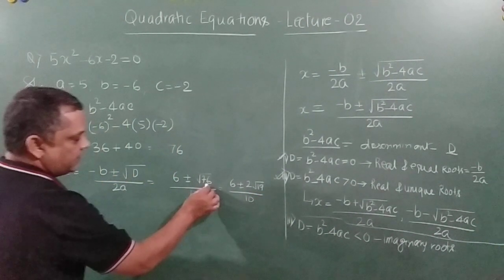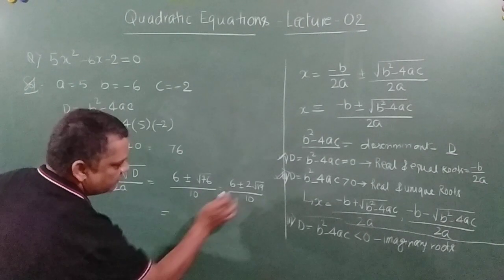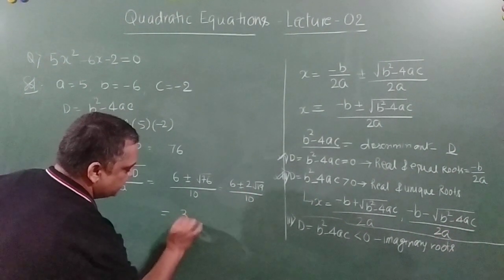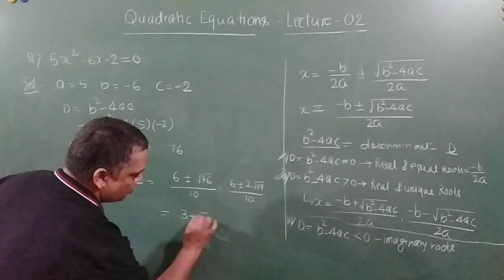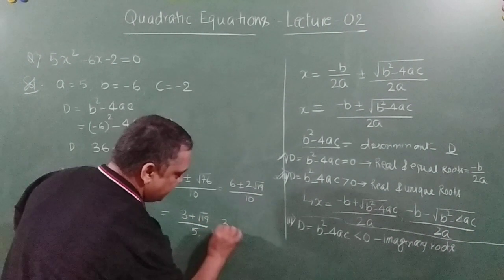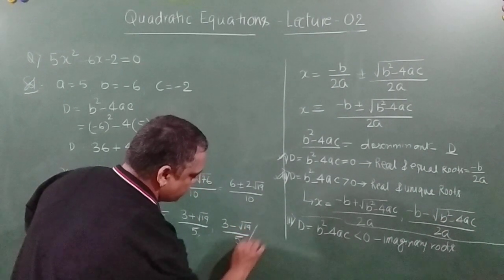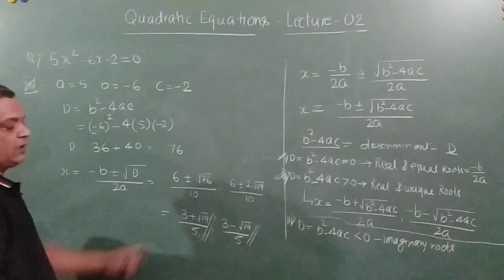Now if I take 2 common out here, this becomes 3 plus root 19 by 5 as one of the solutions, and 3 minus root 19 by 5 as another solution, right. This is what we got earlier also, right.